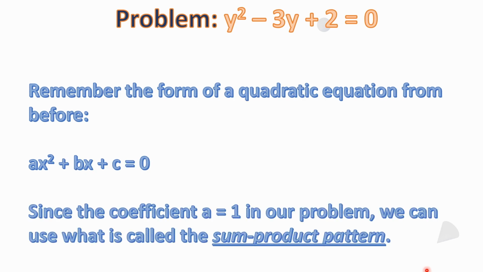So remember from before that the form of a quadratic equation is a times x squared plus bx plus c equals 0. Since the coefficient a equals 1 in our problem, remember we have y squared, so a must be 1, we can use what is called the sum product pattern.